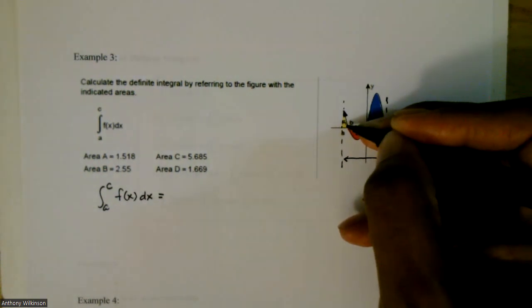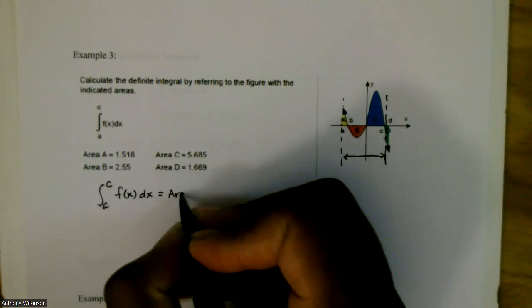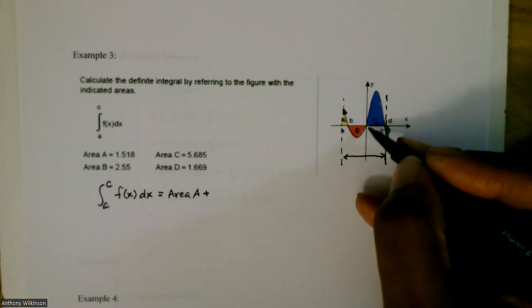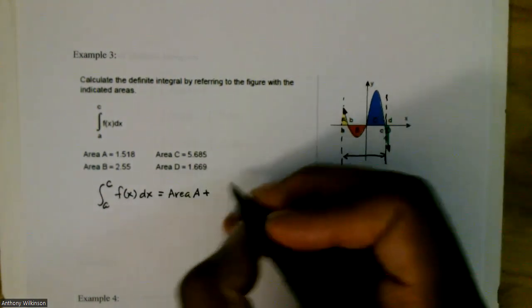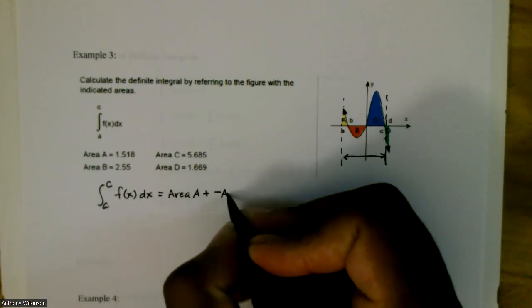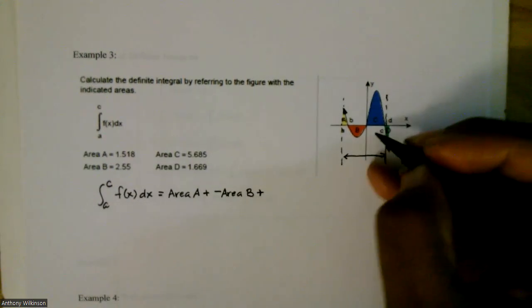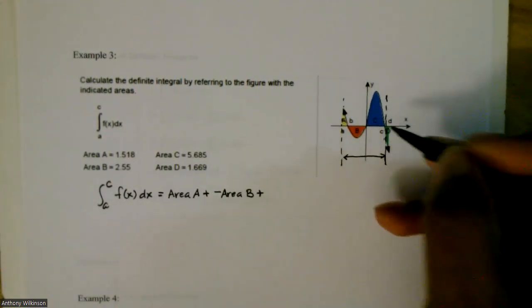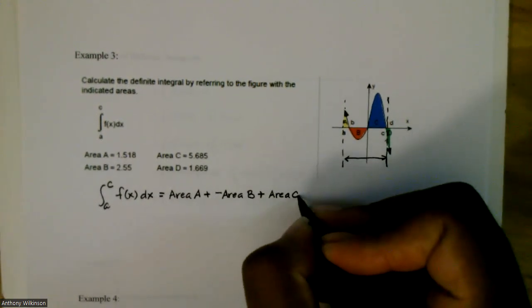That's a positive number, so that means we have area A, plus, here's area B. That area B is below the x-axis, so it's going to be the negative of area B, plus, and here's C up here. That's above the x-axis, so we'll add whatever area C is equal to.